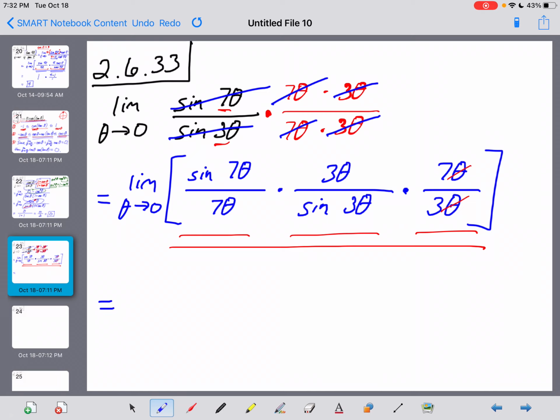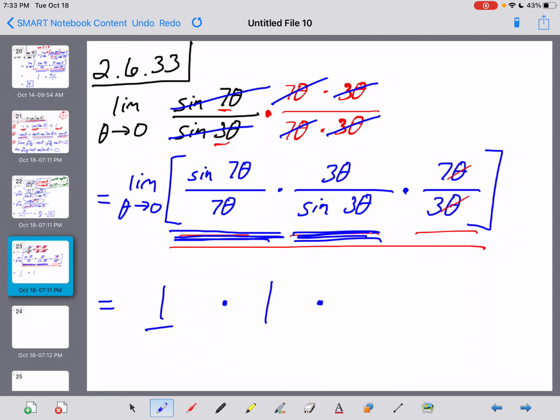So here we go. The limit as theta approaches 0 of sine of any angle over the same angle is just 1. Times, same thing now, the limit as theta approaches 0 of 3 theta over sine of 3 theta. You'll notice that this middle factor is kind of like a reciprocal of this one. So really, our answer for this middle part would be the reciprocal of 1, which of course in this case is still just 1.